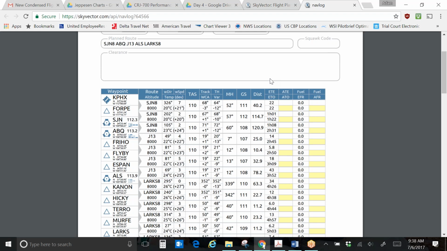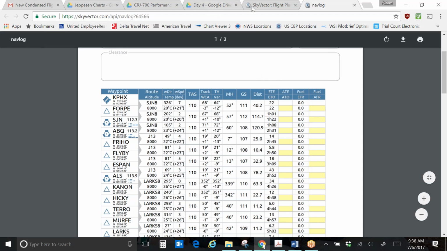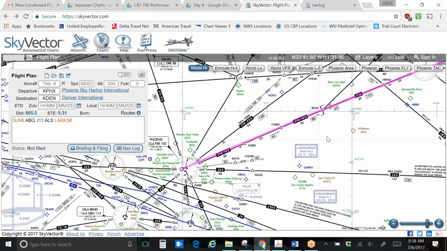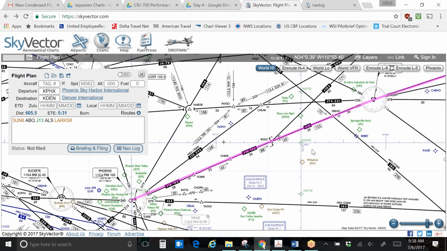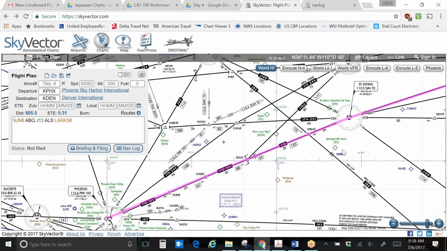So we obviously know that our top of climb happens before St. John's. It's actually about 48.9 miles before we get to St. John's. So going back to the map here, just looking along our route. Here's our route coming out of Phoenix. There's the St. John's VOR.